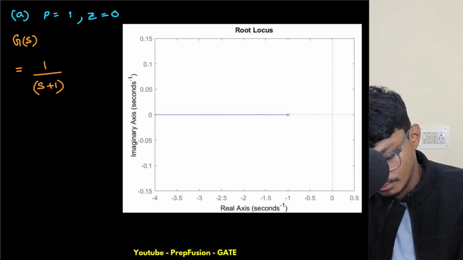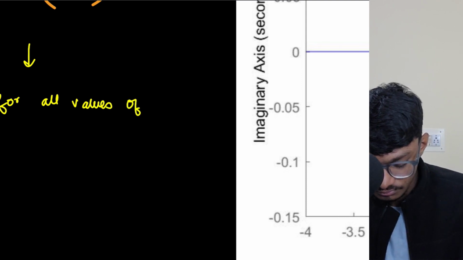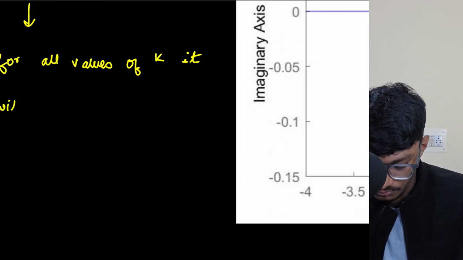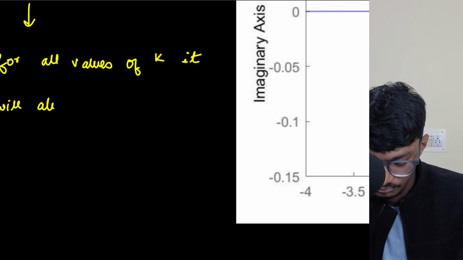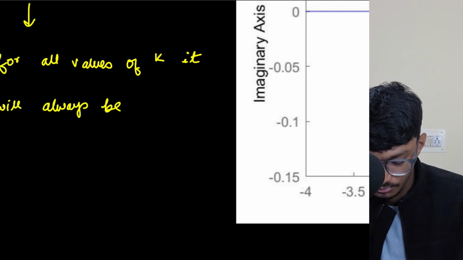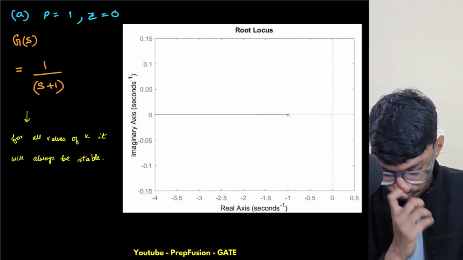So for all values of K, it will always be stable. This is the first thing. Now what is next?